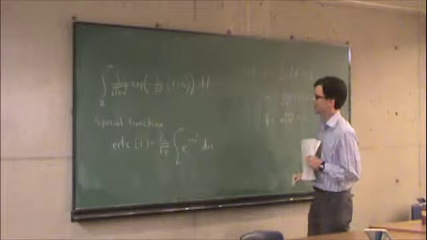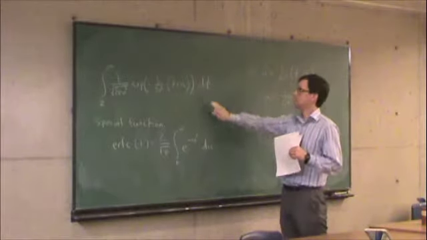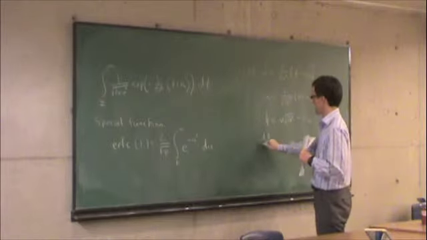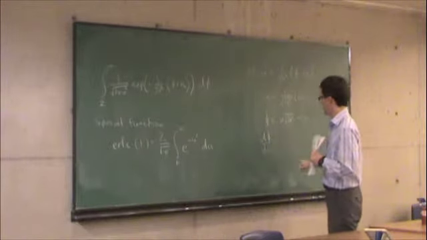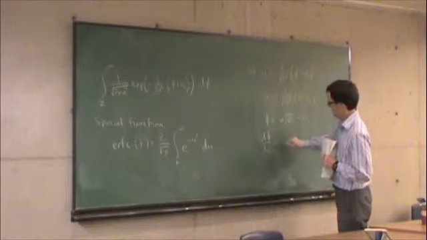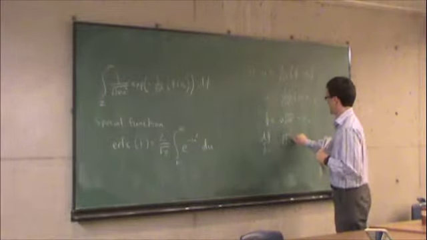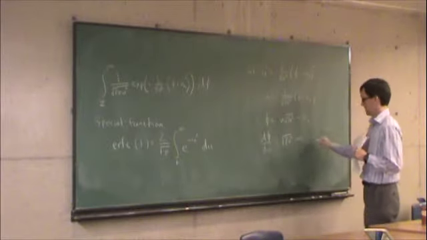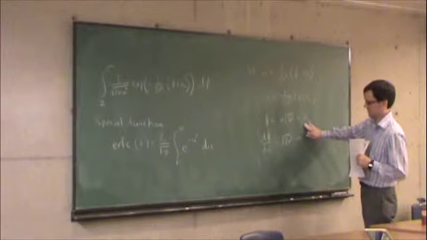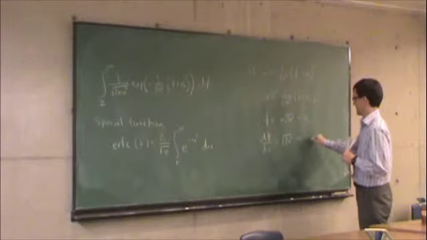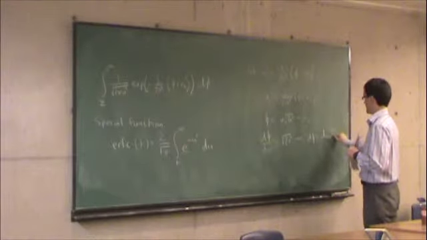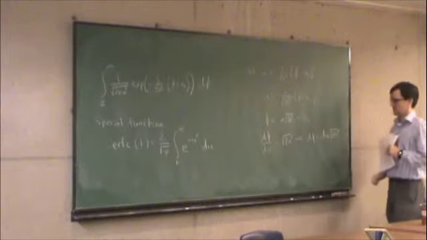And because we need to switch d phi to du, we take d phi by du. The first derivative is just root 2 sigma squared, since nb is constant with respect to u and its derivative is 0. Therefore d phi is equal to root 2 sigma squared du.